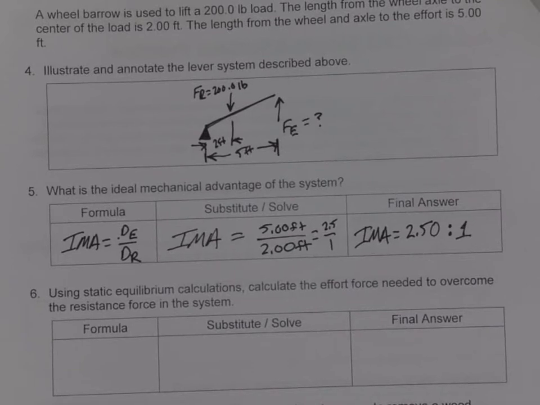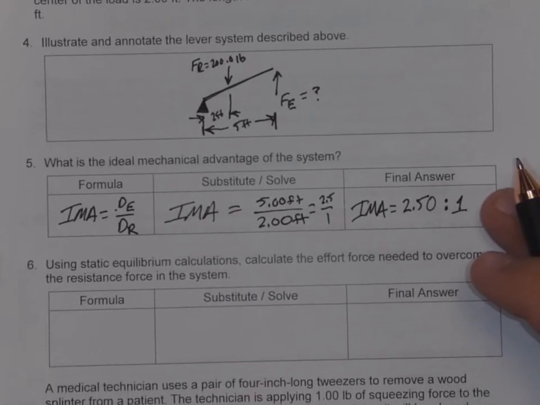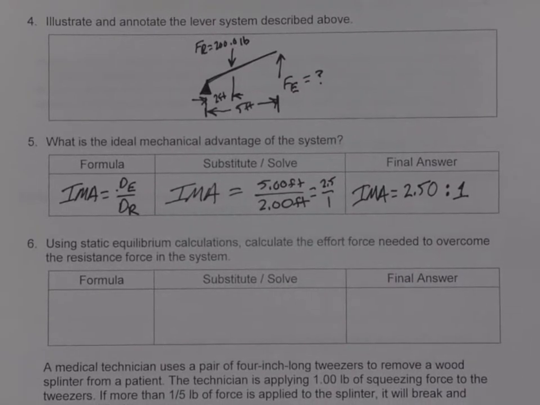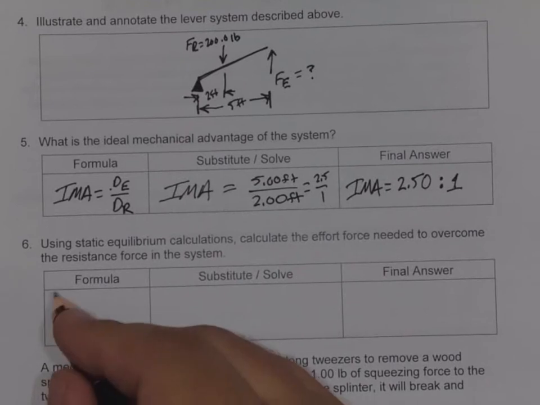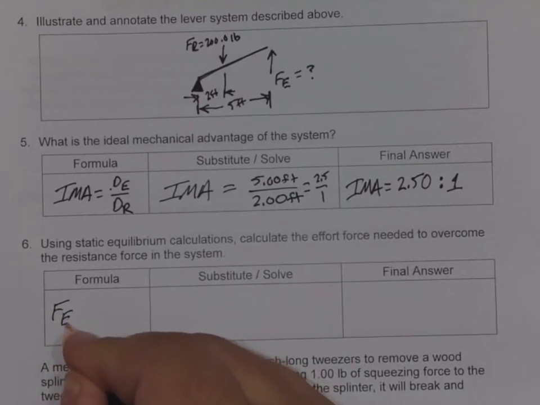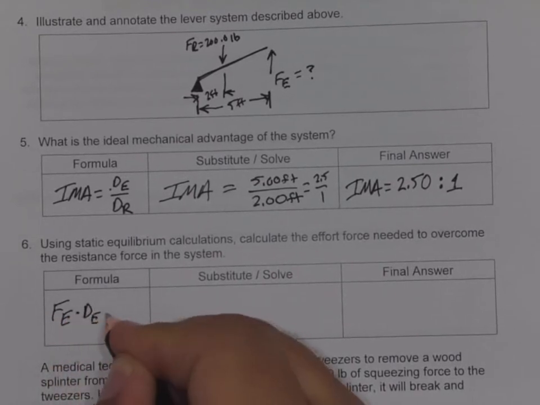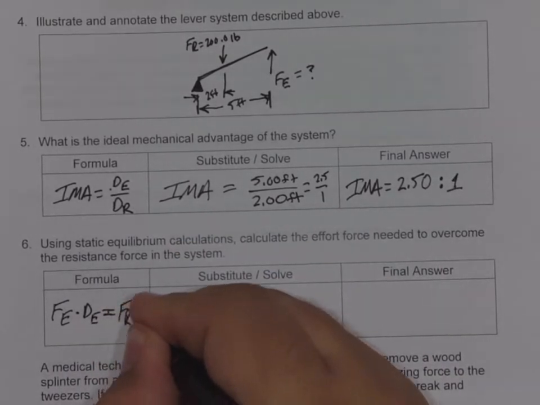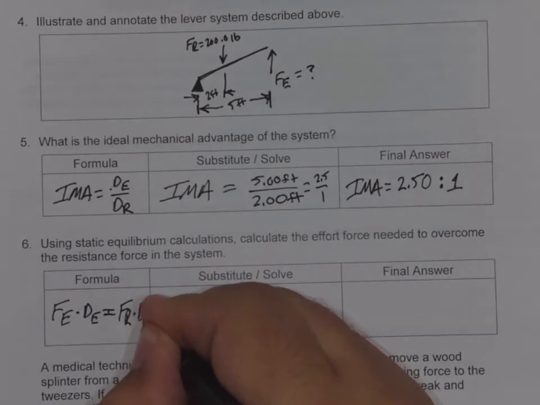As I take a look at number 6, now they want us to look at the static equilibrium equations. Using static equilibrium equations, calculate the effort force needed to overcome the resistance force. Static equilibrium uses the same formula as in the previous scenario with numbers 1, 2, and 3.